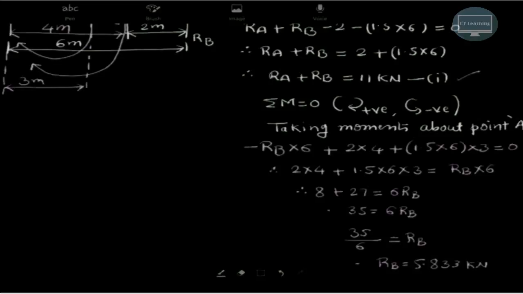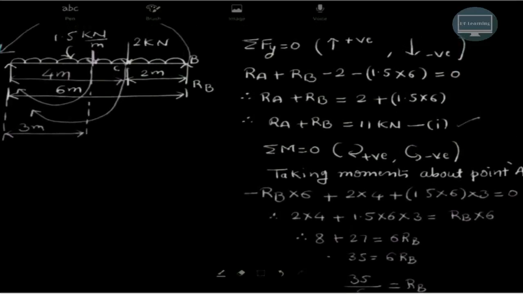kilonewton. Now we can substitute this value in equation 1 and we'll get the value of RA from it. So from equation 1 we can say that RA is nothing but equal to 11 minus RB, so that is equal to 11 minus the value of RB that we just calculated as 5.833, so the total will be 5.166 kilonewton.